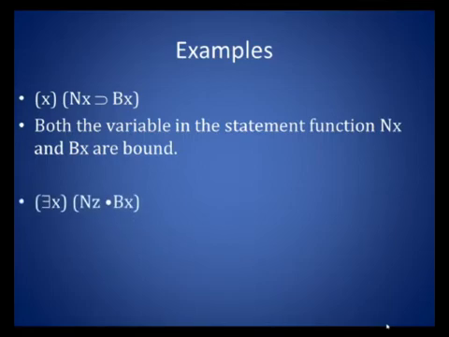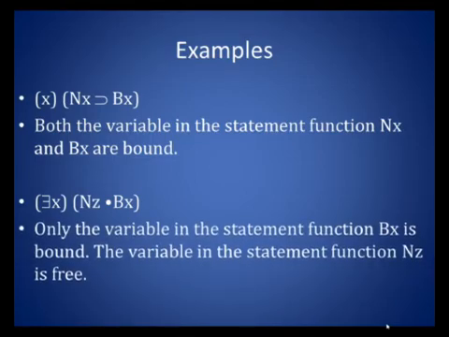Let's look at another one. There exists an x such that z is n and x is b. Now this is a little bit different than what we've seen so far. Notice I have two different individual variables in my conjunction here. I have a z and an x, which means that only the variable in the statement function bx is bound.